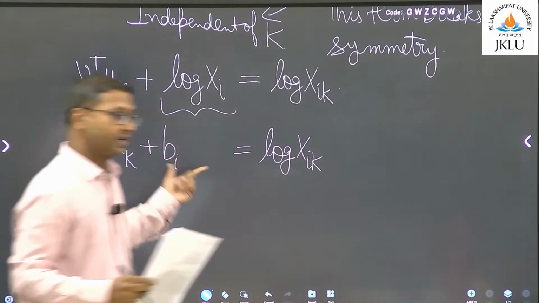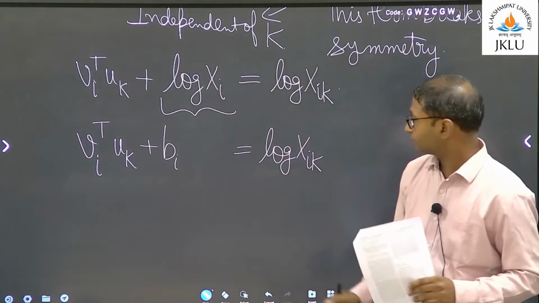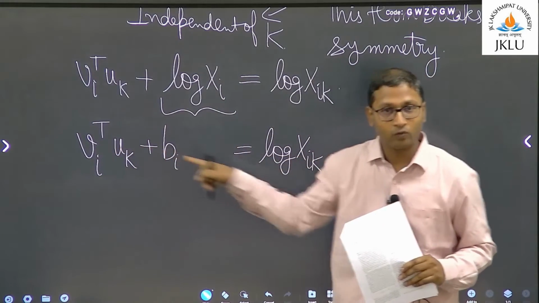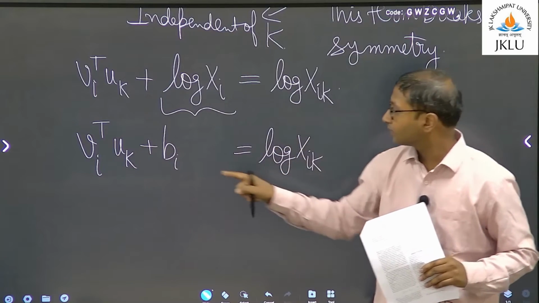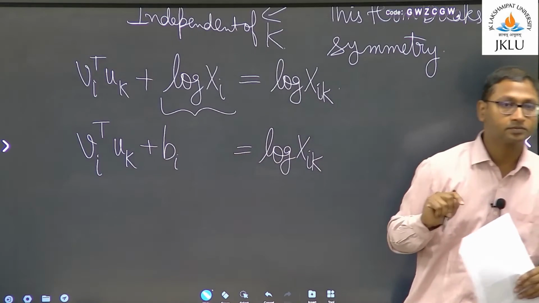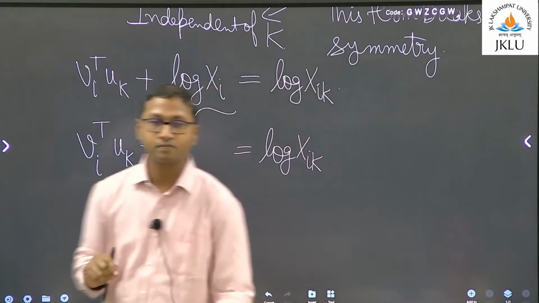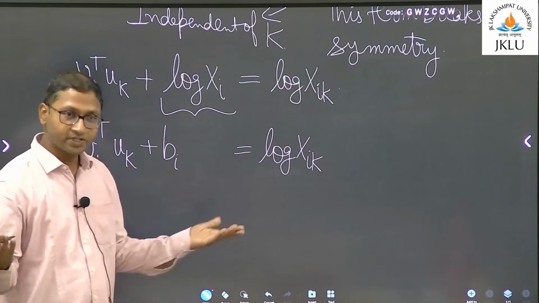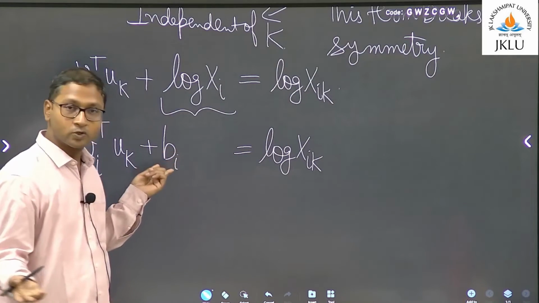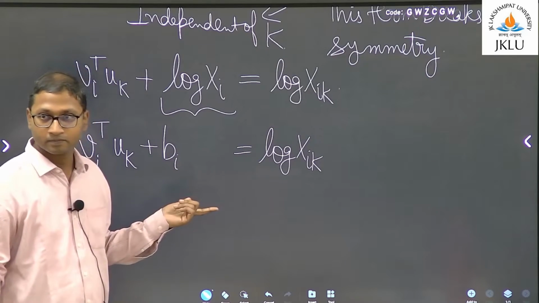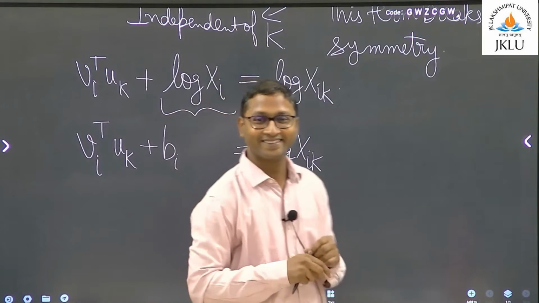Is this equation symmetric? Everybody is okay until now with what we have done? So is this equation symmetric? Obviously not, because this term depends only on i. So what do you want to do next?